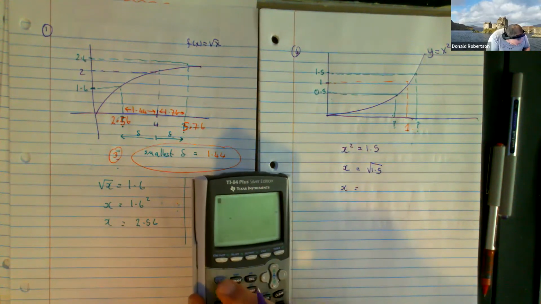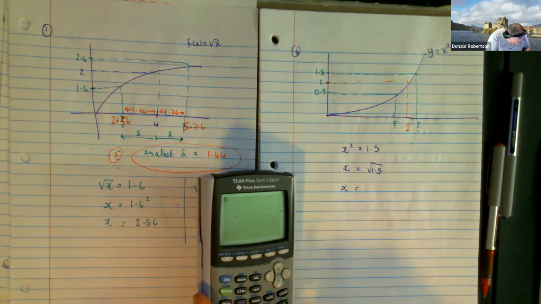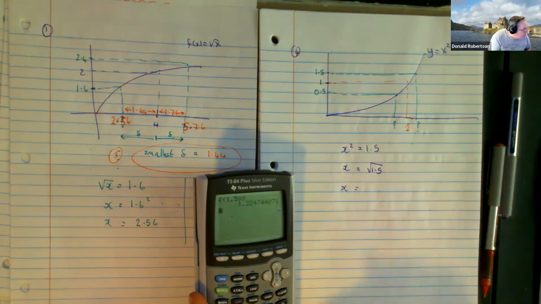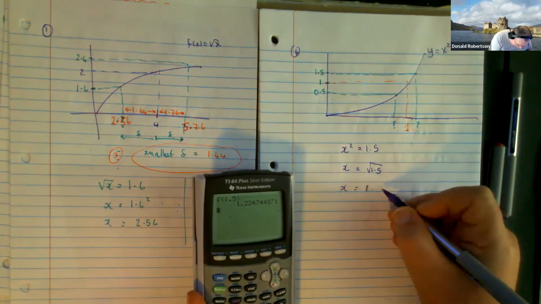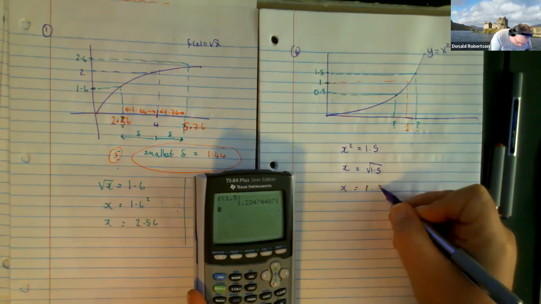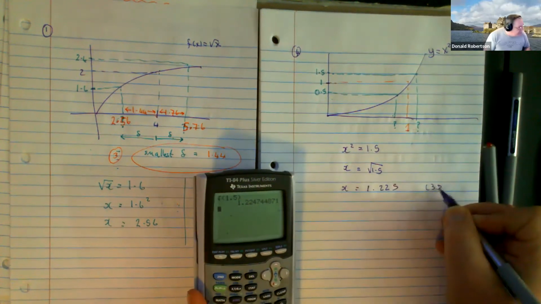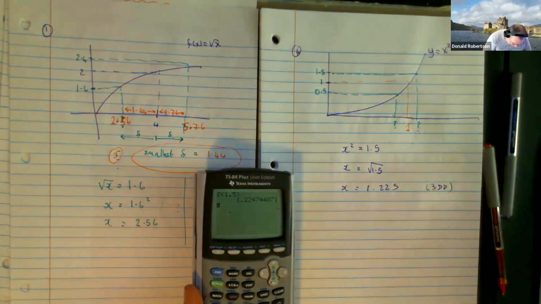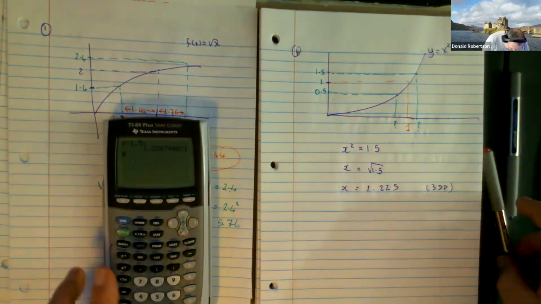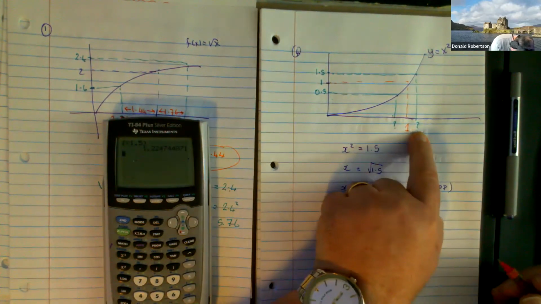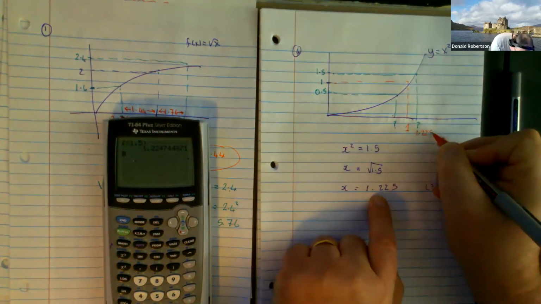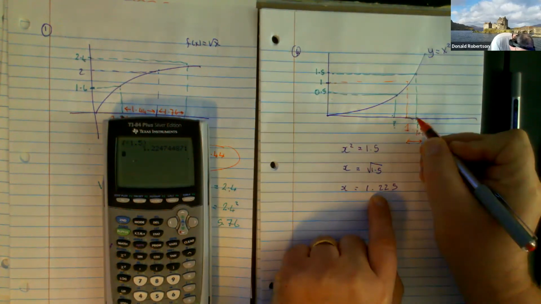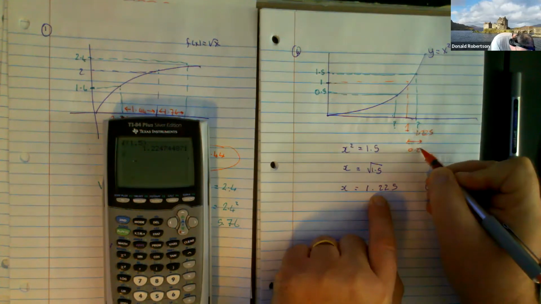So the square root of 1.5 is approximately 1.225 because the question says, give me the answer to 3 decimal places. So I know that this guy here is 1.225. So the potential value of delta, which is the distance from here to here, is going to be 0.225.